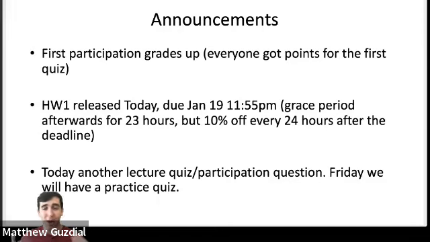If you give me a few days warning minimum, I am much more likely to say, sure, that's fine. Here's an extension. Just talk to me. I really would rather hear about it ahead of time versus you emailing me a day or two late and saying, oh no, I had something come up. Because at that point, it's much harder for me to believe that.